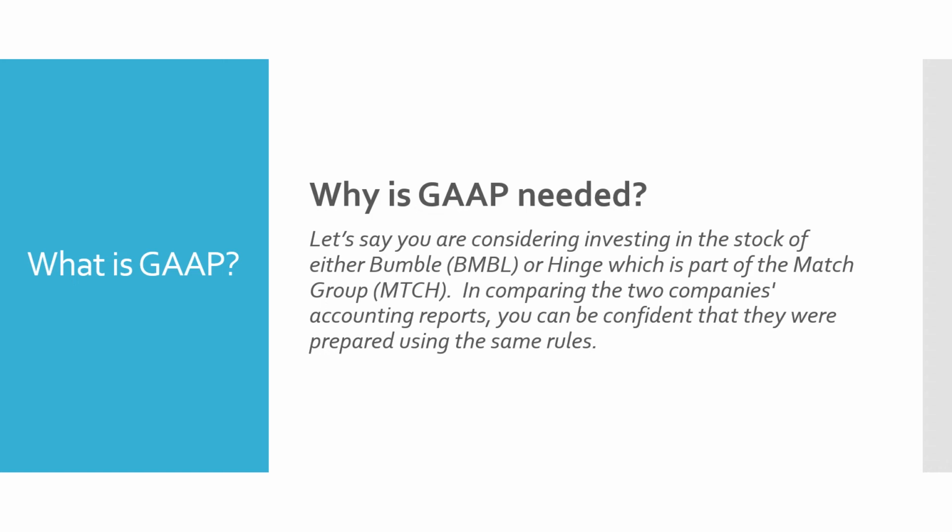They are both publicly traded companies. Bumble is traded under BMBL, and Hinge is part of the Match Group and is traded under MTCH. So in comparing the two companies' accounting reports, GAAP ensures that they are prepared using the same set of rules.